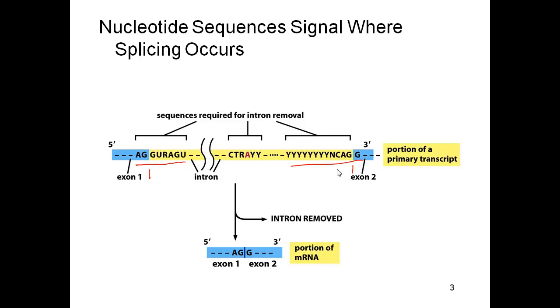In the sequences here, in addition to A, C, G, and U, we see some other letters. Y stands for pyrimidine, so either a U or a C is required at this point. R stands for purine, meaning it could be either an A or a G here. In the center here, you see some other required sequences that are involved. In particular, the A, which does some of the chemistry of the splicing reaction, in which the various RNA molecules can participate decisively.